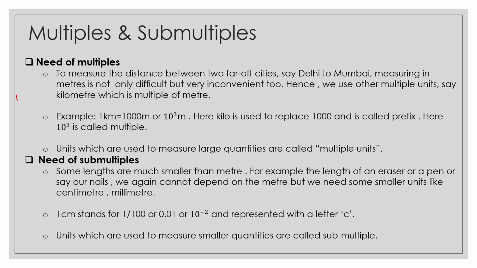This is city A and this is city B. The space between them is 10,000 meters. We write the m over here and then convert this into kilometers.